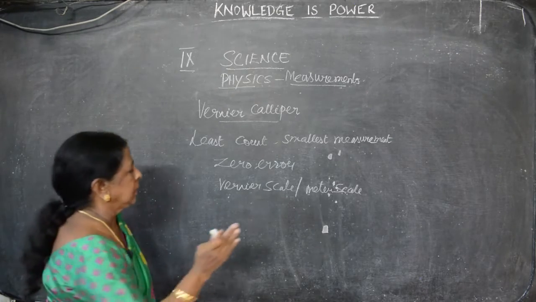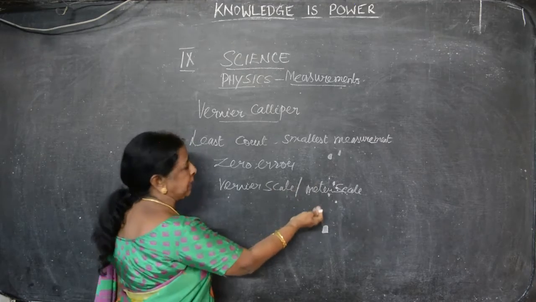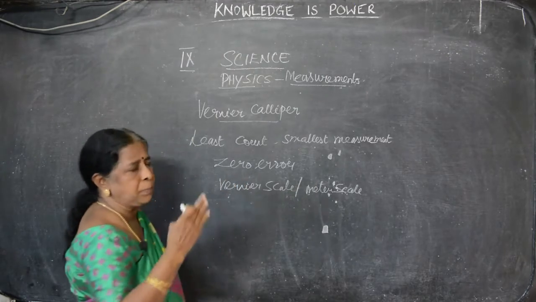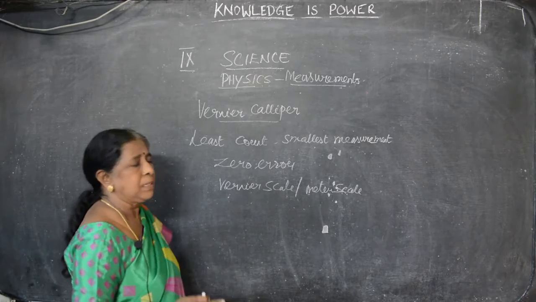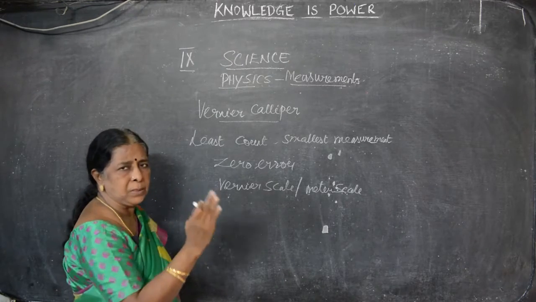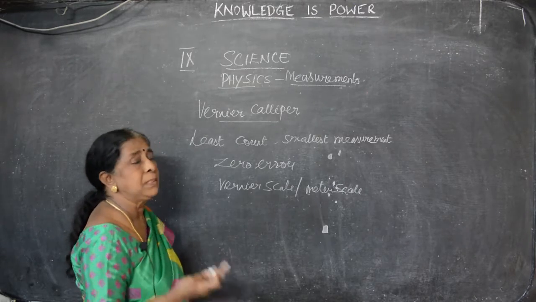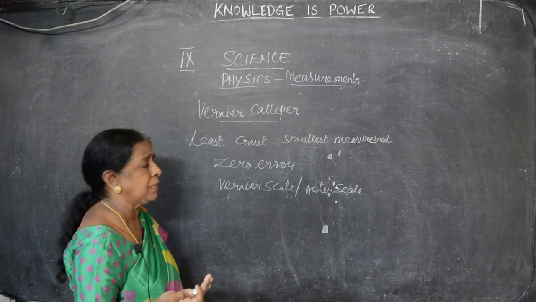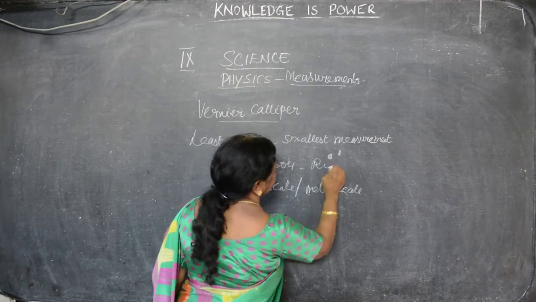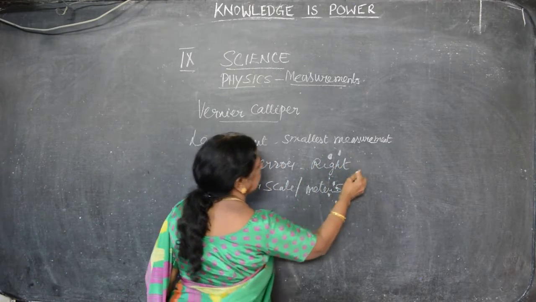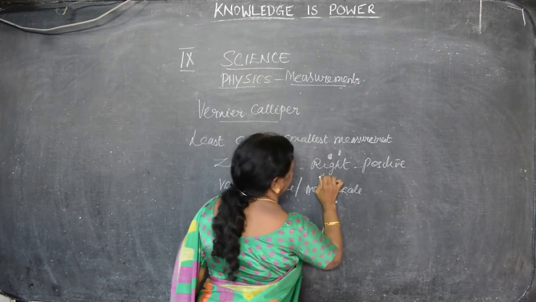Suppose the vernier scale sits to the right, differing from the meter scale, then the zeros do not coincide and there is error. If it is on the right side, it is positive error. Right side means positive error, left side means negative error.